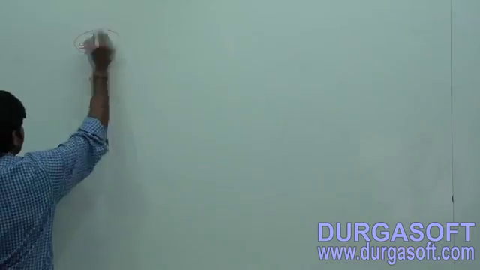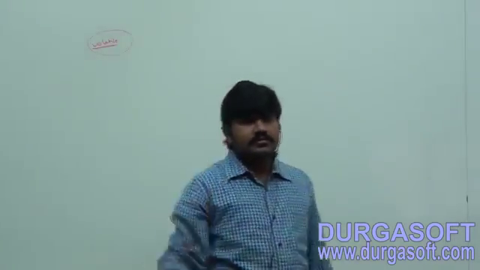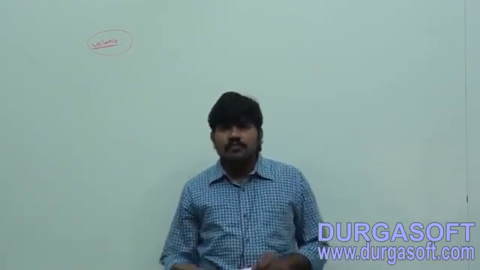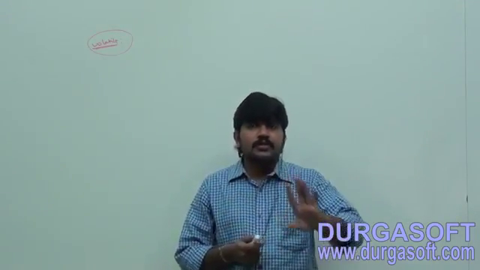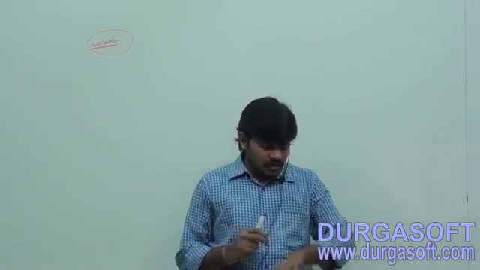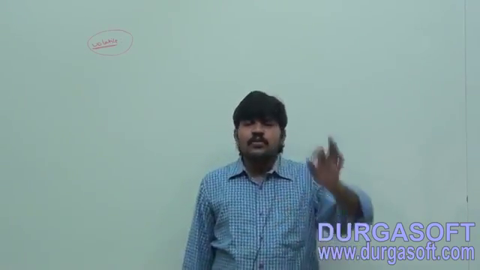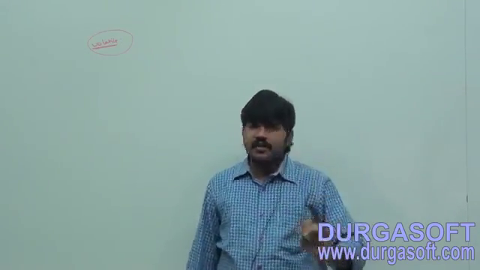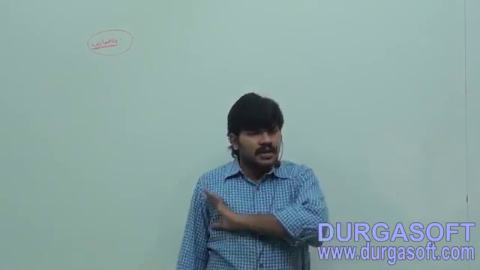The first point about volatile is that the modifier is applicable only for variables. You can't apply anywhere else. Method we can't declare. Class we can't declare with volatile.